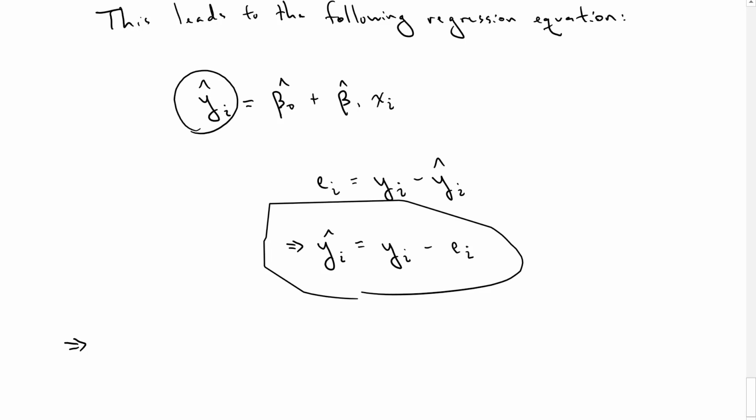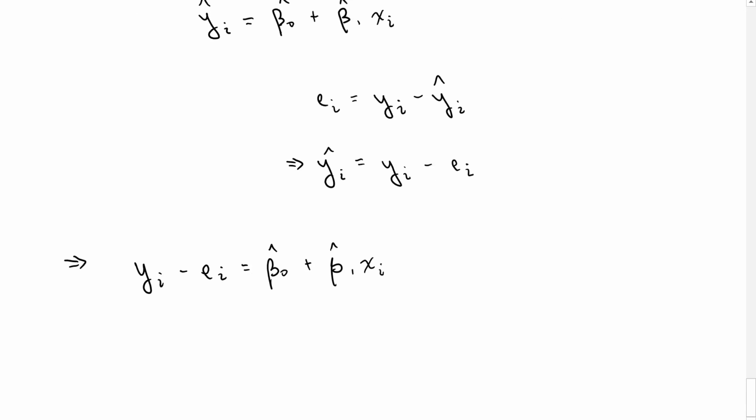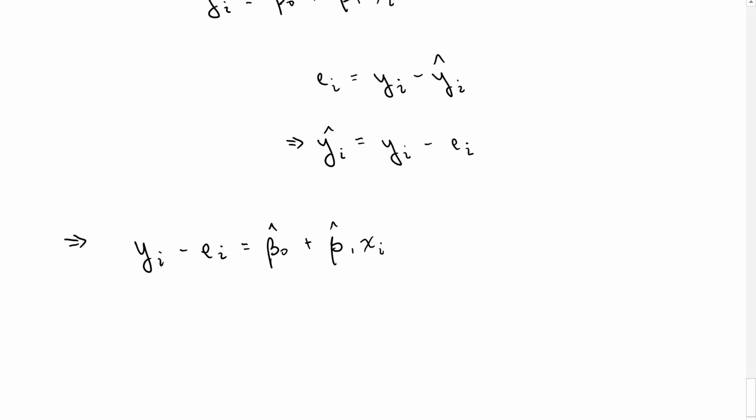So we have yi minus ei equal to beta 0 hat plus beta 1 hat xi. And then finally, we're just going to move the residual over to the other side so that we have yi is equal to beta 0 hat plus beta 1 hat xi plus ei.